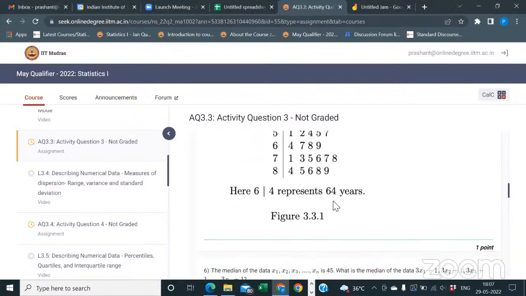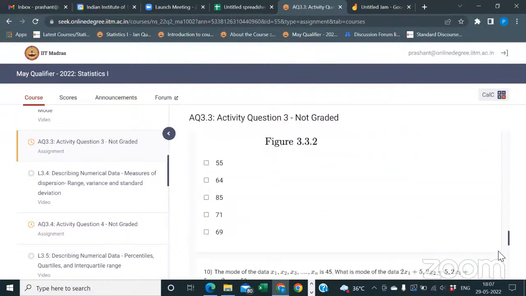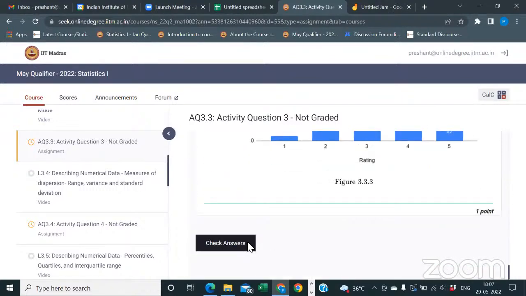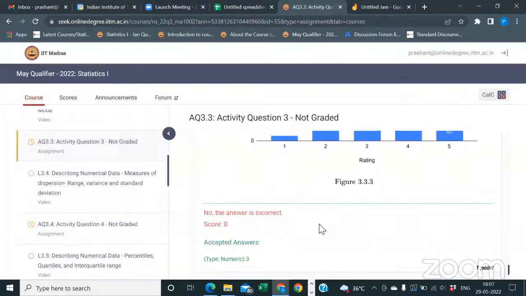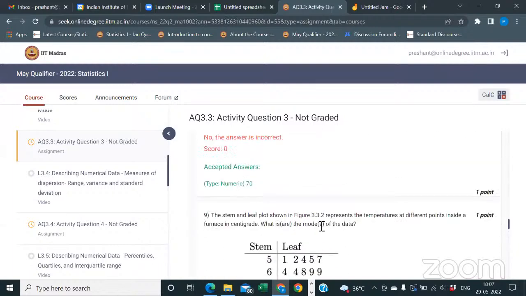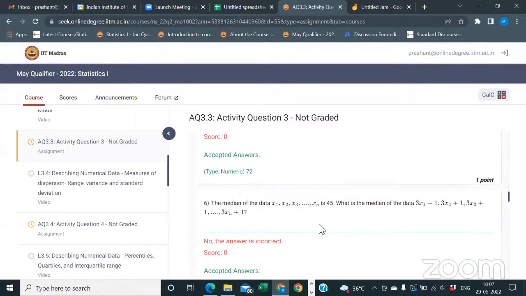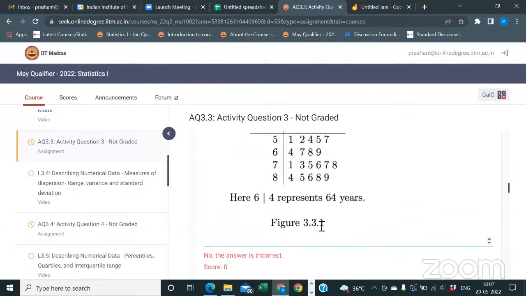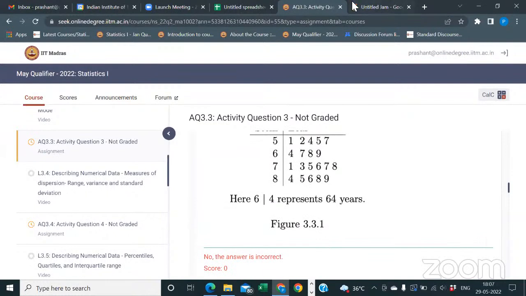That is the answer, 72 will be the answer. You can check the answer. Pritesh, is it clear?